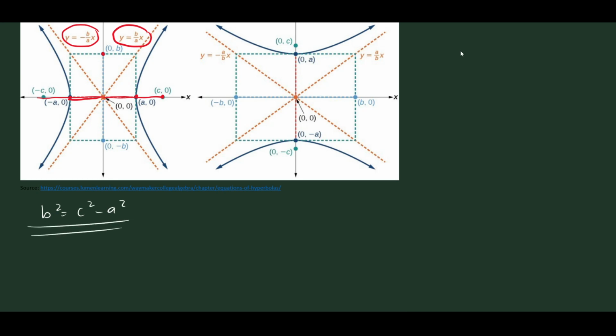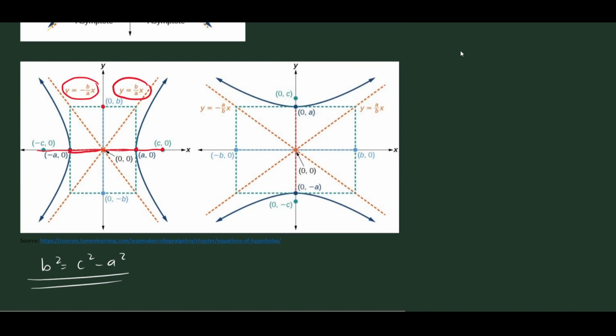This is different from the relationship of these three variables in the ellipse. In the ellipse, the relationship was a squared is equal to b squared plus c squared. So let's not get confused with these relationships. They are different for the case of the hyperbola. We will be using these formulas later for finding the standard form of the hyperbola.